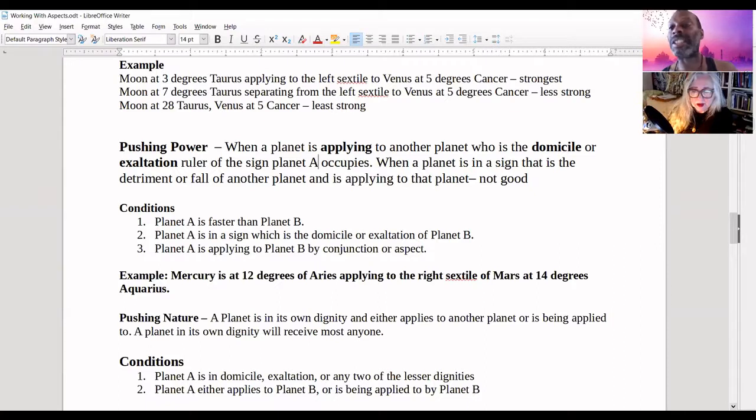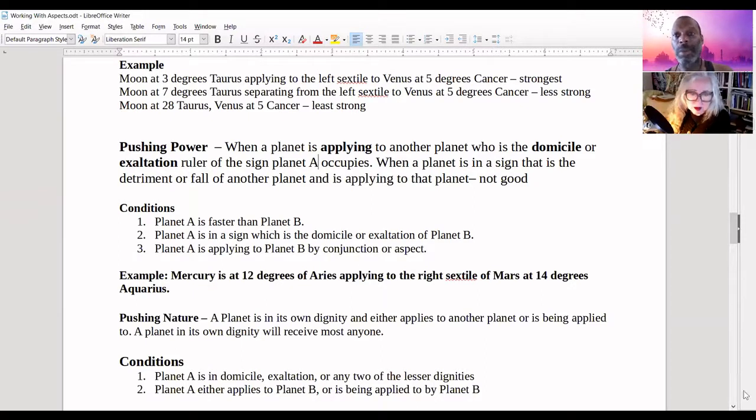Mars is going to receive Mercury from his domicile. And so he will allow Mercury a certain amount of leeway in the way that he acts, and he will also get a part of his own nature back, because he'll get Aries. He'll get his masculine daytime nature imprinted on him by Mercury, who he will then help to be more Aries. Okay, so that's how pushing power works.